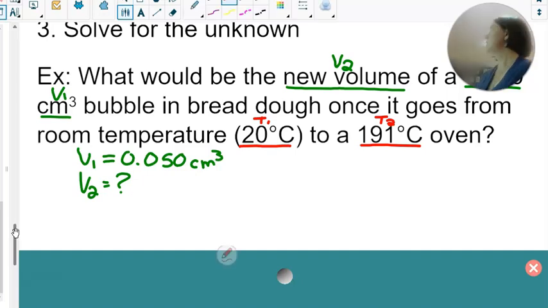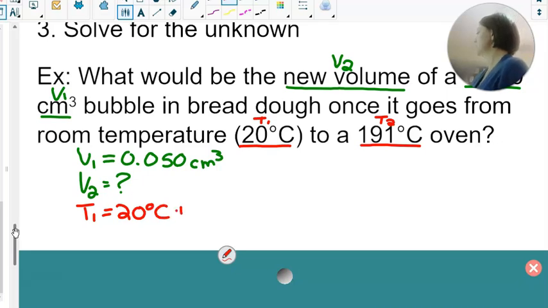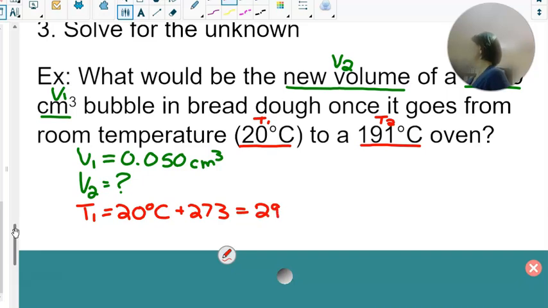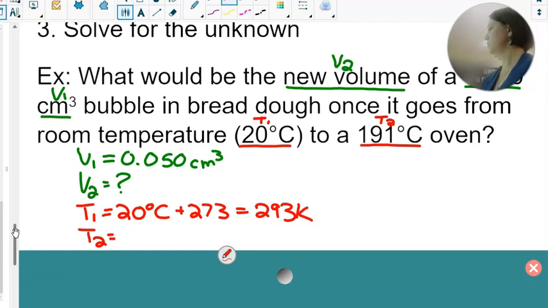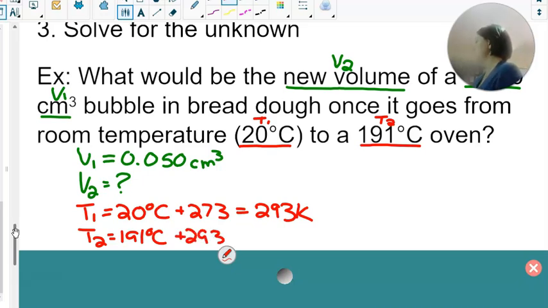And then T1 equals 20 degrees Celsius, and we're going to convert that to 293 Kelvin, and our T2 equals 191 degrees Celsius, and we're going to convert that. 191 plus 273, that's 464 Kelvin.